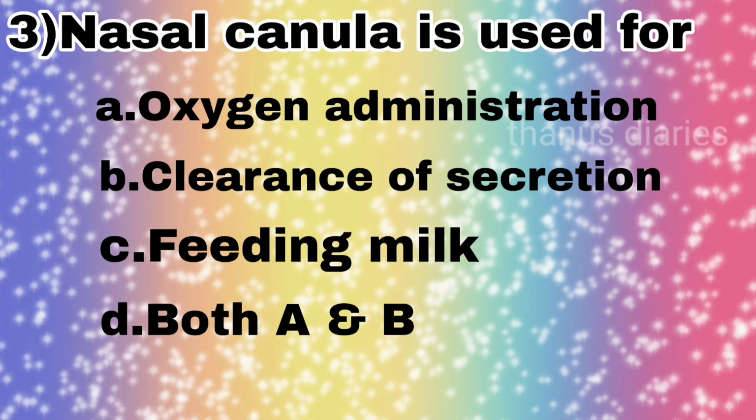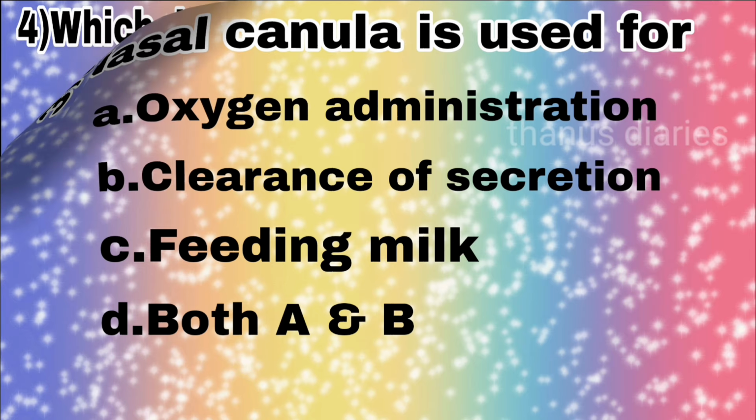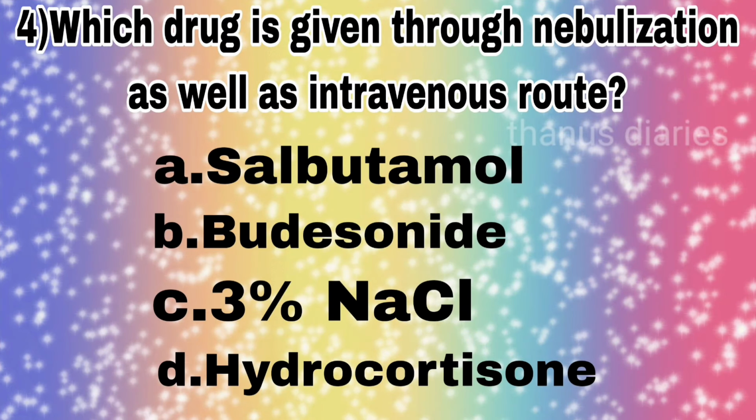Next question. Nasal cannula is used for oxygen administration, clearance of secretion, feeding milk, both A and B. It is used for oxygen administration. Next question. Which drug is given through nebulization as well as intravenous route?